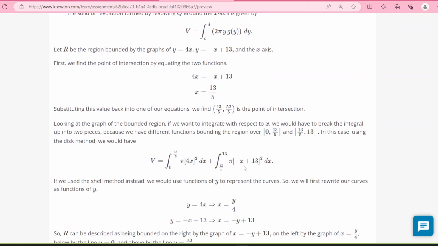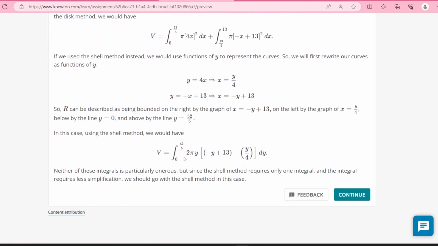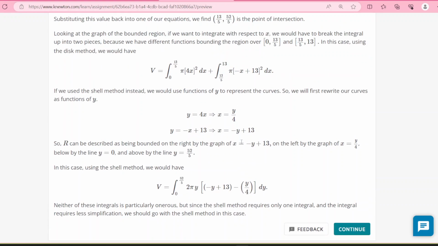See, they set up two integrals here, whereas it's only one integral, right? Neither of these integrals is particularly difficult or onerous. But the shell method requires only one integral, and the integral requires less simplification. So we should do the shell method. Again, it is a matter of personal preference, but for the most part, what they're trying to get you to say here is, if you're setting up one integral versus two, one integral will be easier to do, unless it's a really difficult integral.